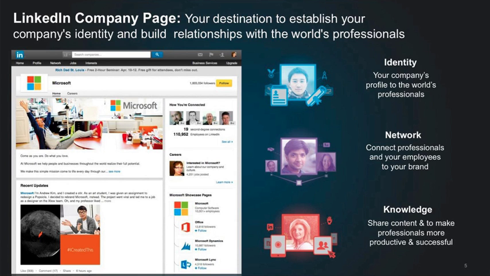Once you have your identity set up, it'll be time to start connecting with prospects and customers. And prospects and customers can engage with your company page by following your company. The best way to attract and retain a following is by sharing knowledge. And on LinkedIn, the best way to share knowledge is through content.